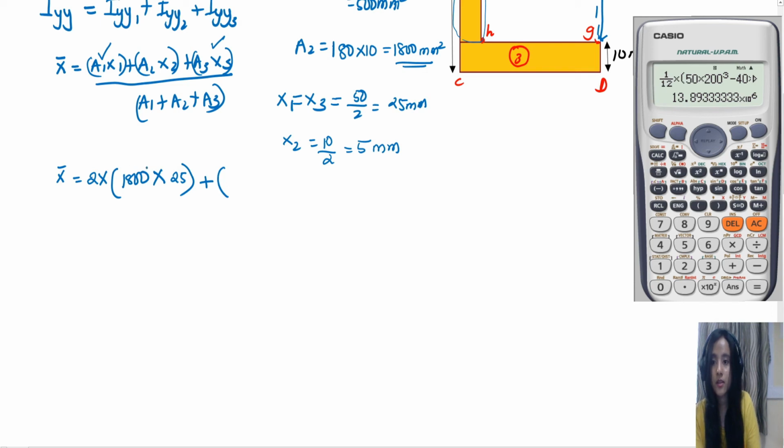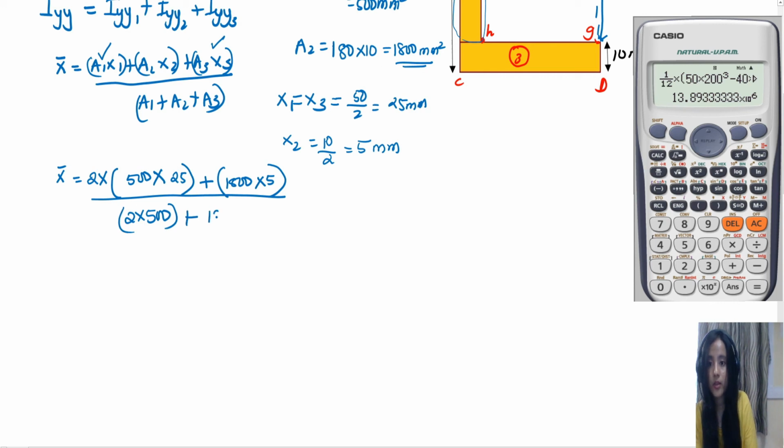I'm sorry, this is not area 1, a1 would be equal to 500 only, 500 area 1. Now area 2 is 1800 into x2 is 5 here, divided by the total area, 2 times 500 plus 1800. So let us see how much we get for x bar.